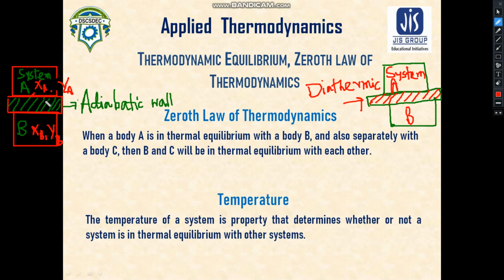It doesn't allow any kind of energy transfer, specifically heat transfer. But whenever I provide a diathermic wall, these properties will obviously change. I hope this is quite understandable to you.